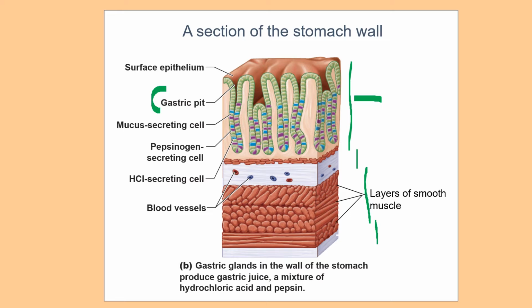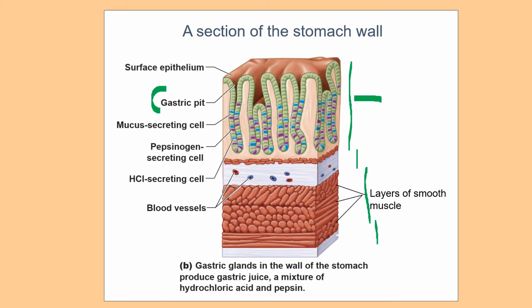And these gastric pits are invaginations of the lining, and the cells that line the gastric pits produce the components of gastric juice. Some of them produce mucus, and as we'll see later, there are also enteroendocrine cells here that make gastrin. We're not there yet, but where we are at is gastric juice.